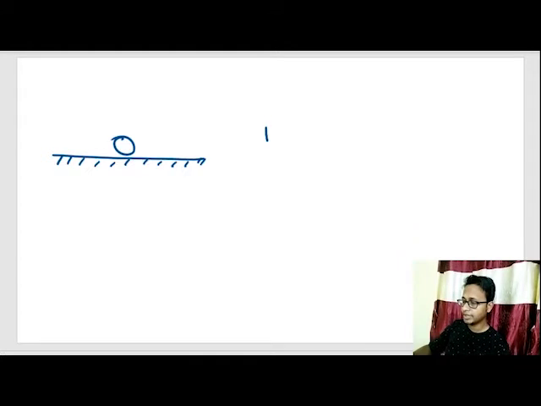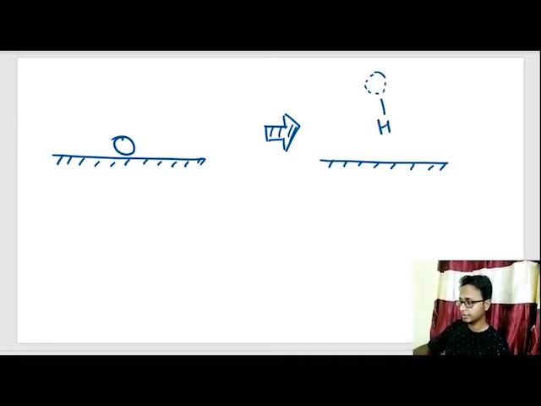But suppose someone came and picked this ball up, by height h. What is the potential energy out here? We know that potential energy is equal to mgh. But can someone say how it became mgh?